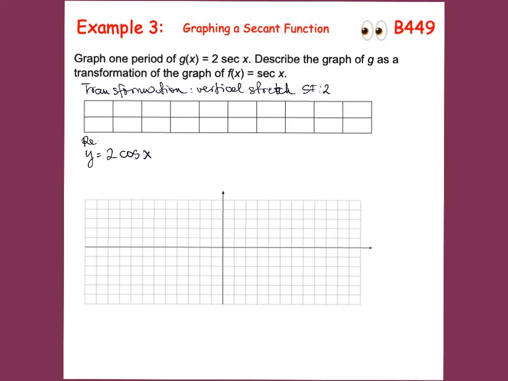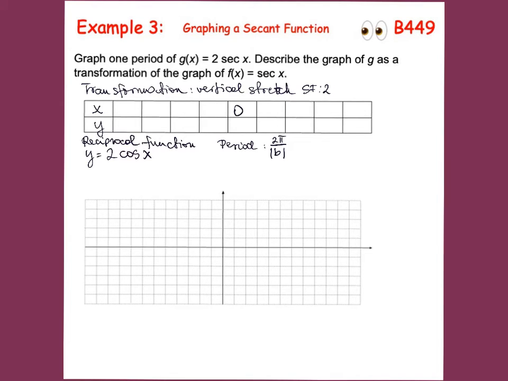This is our reciprocal function because this is the one that is going to help us to graph our secant function. So x and y, and we are going to again start with 0 in the middle. We know that the period of the function is going to be 2 pi over the absolute value of b.